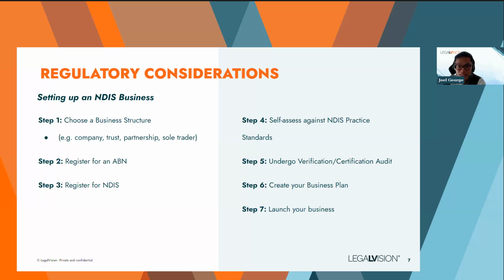This becomes particularly relevant in step three, which is registering for an NDIS registration. So once you have your ABN, you can then register for an NDIS. Note that your NDIS registration attaches itself to your ABN. And that's why I said in step one and step two, it's very important that you first set up your structure correctly and then you register for your ABN.